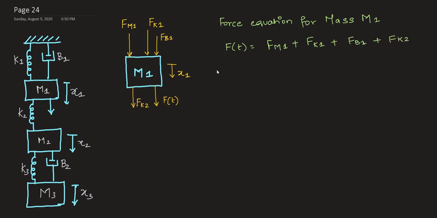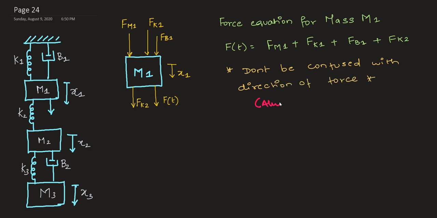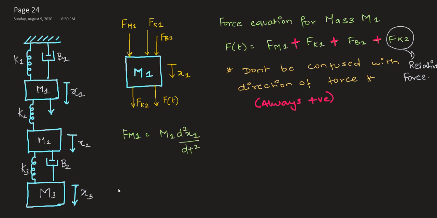We will see that for M2 as well as M3, so it will be clear when we see the relative representation for masses M2 and M3. The next thing you need to understand in this kind of numerical is that the direction of the force is not at all important. So the force equation for mass M1 is given as the total force F of t equal to Fm1 plus Fk1 plus Fb1 plus Fk2.